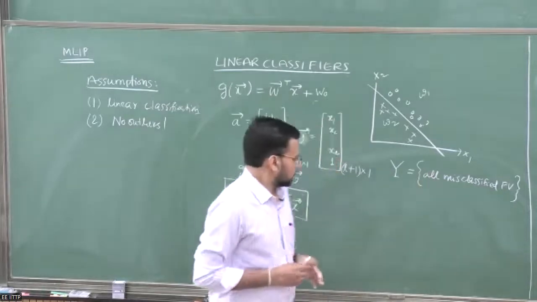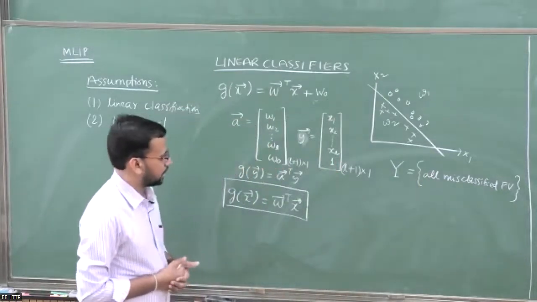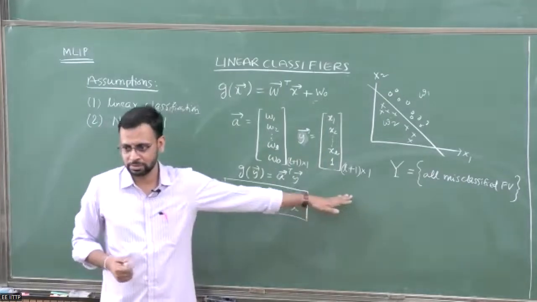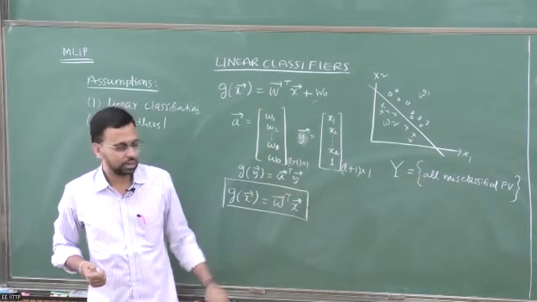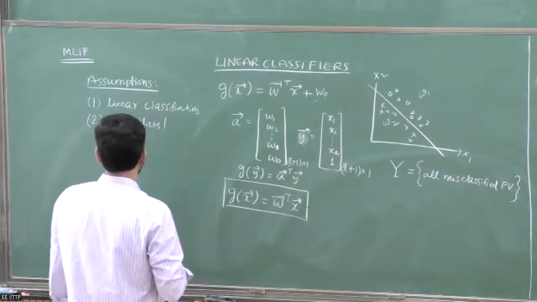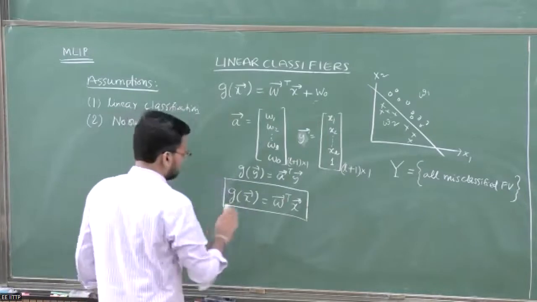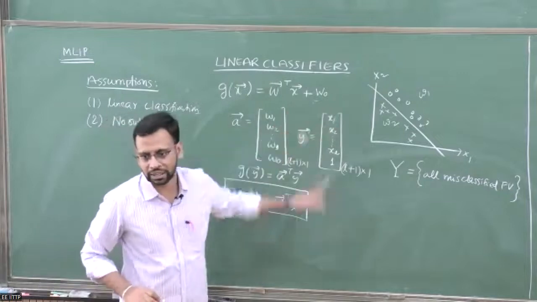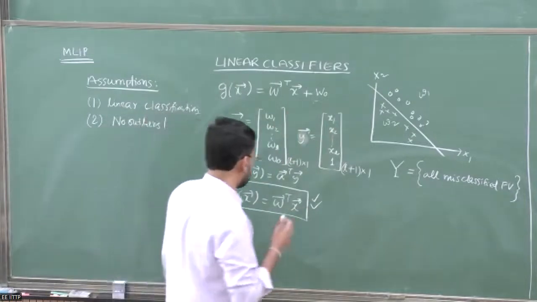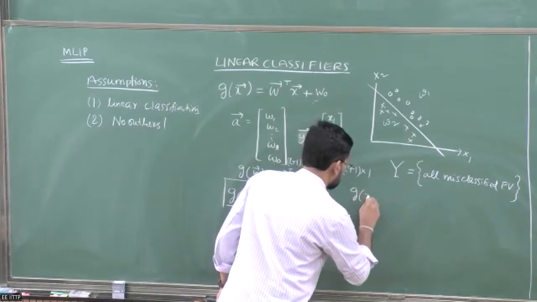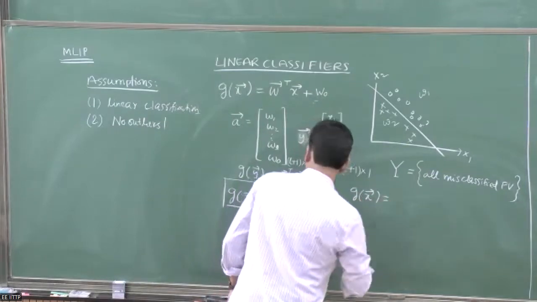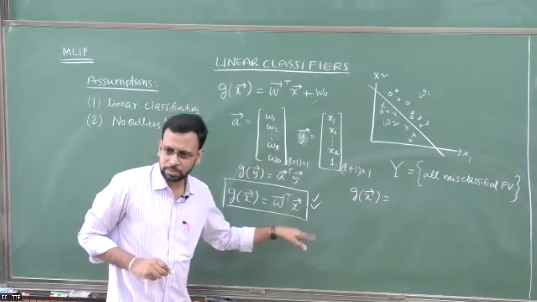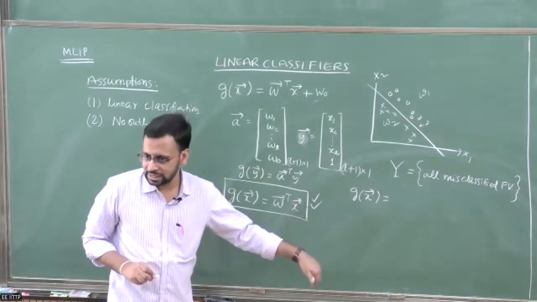Okay. Now, how should we define a penalty? That's something we should now come up with, a penalty term. So before that, again, as I said, we will restrict to this form. Now I'll not use this W naught anymore. This is what I would use. Let us say g of x bar, when I substitute this, for one class it would be greater than 0 and for the other class it is less than 0.